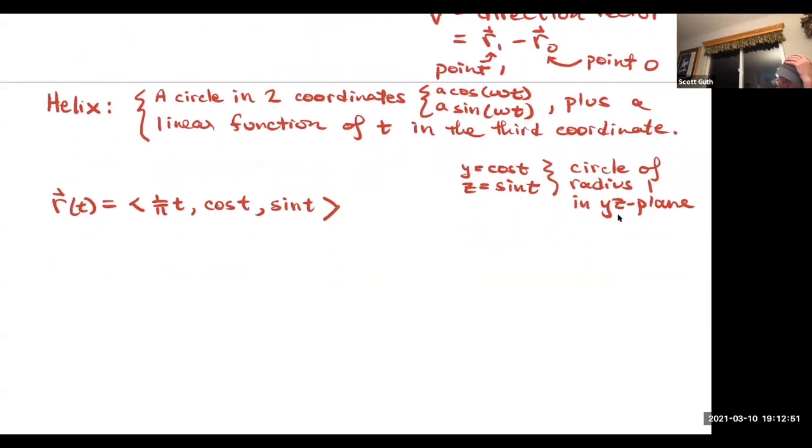Okay, so, need to draw that. But then x is just 1 over pi times t.